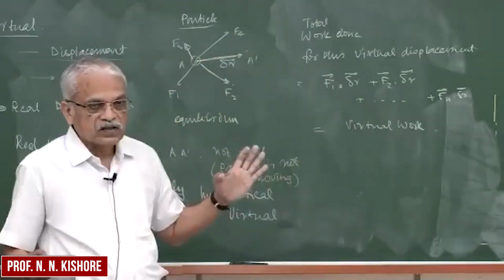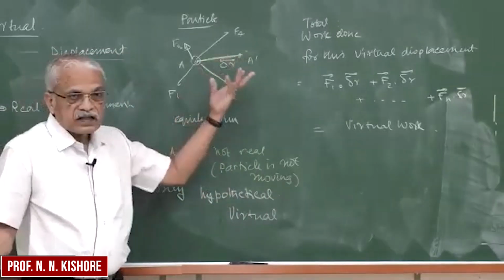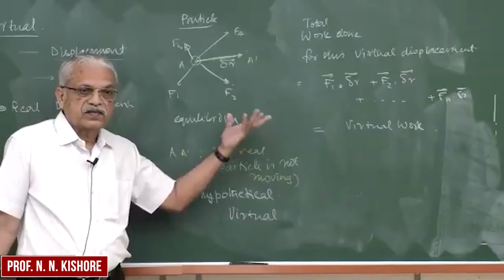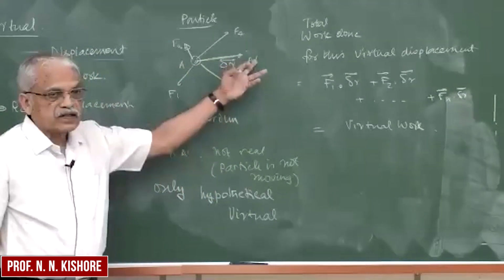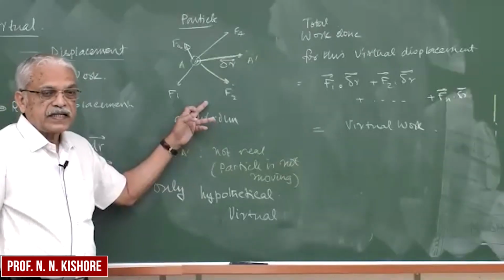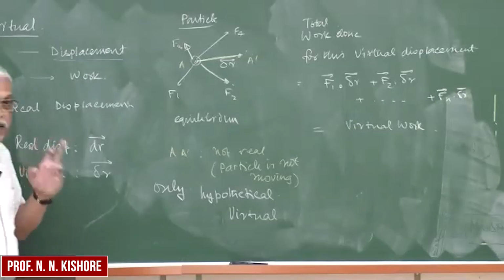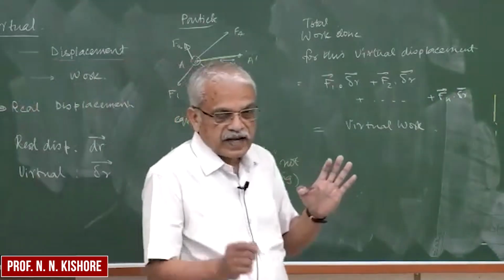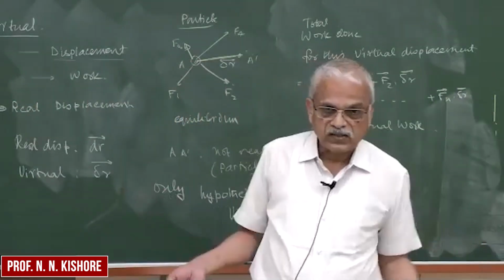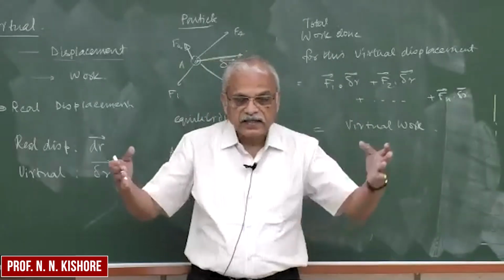This is not an actual work done. This delta r is arbitrary, it's at our disposal. I can put delta r like this, or like this, or in any other direction. But for a real displacement, a particle is acted upon by unbalanced forces and then it goes through a real displacement.